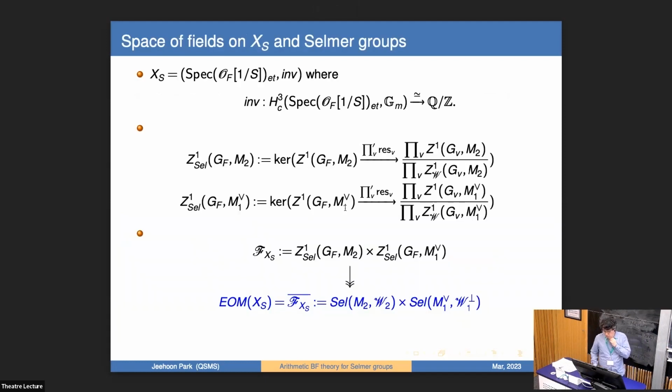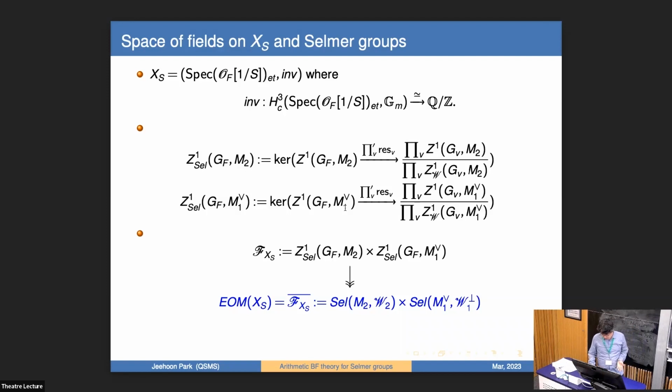Okay, now I'm looking at the global three-dimensional thing. X_S is the spectrum of O_F invert S and the places of F, and there's an invariant map with compact support cohomology, and the Selmer group. Here I also consider the cochain cocycle level, that's Z^1 Sel and Z^1 Sel G_F M^1 check.